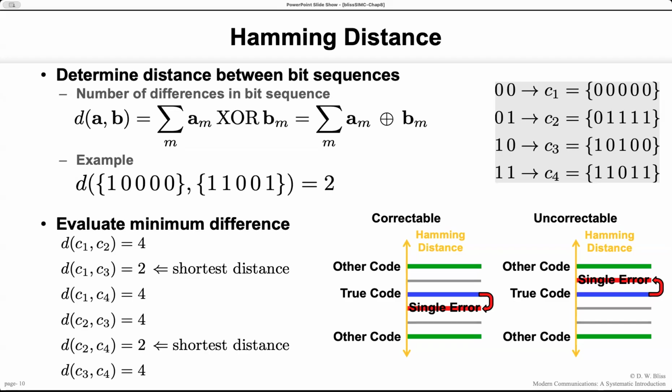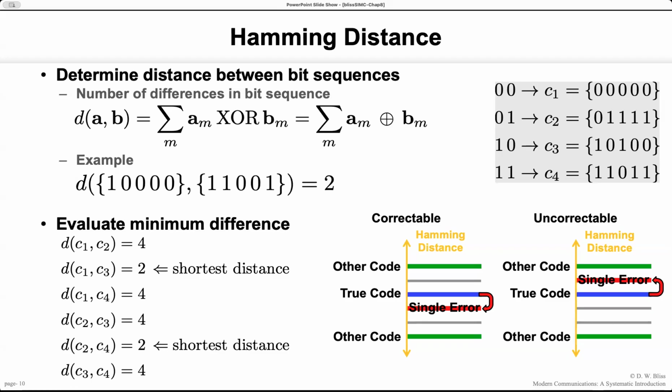If you send a code word out, the receiver, of course, doesn't know what code word was sent. And the receiver looks at it and recognizes that it's not a valid code word, right? So what is it going to do? What do we want it to do? We want it to snap back to the closest valid code word.